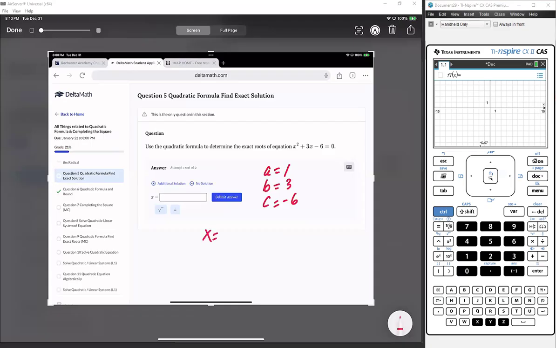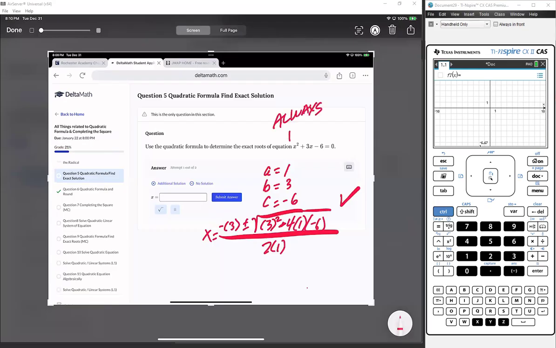It's going to be -3 plus or minus the square root of 3 squared minus 4 times 1 times -6, divided by 2 times 1. Always, always, always, we're always going to be writing the quadratic formula with the A, B, and C filled in.